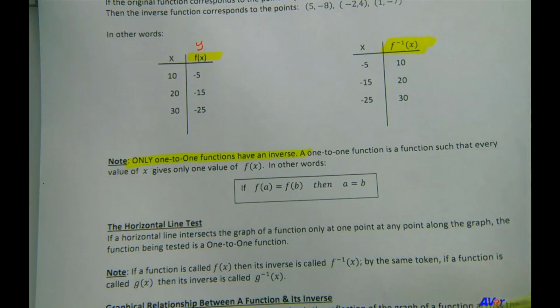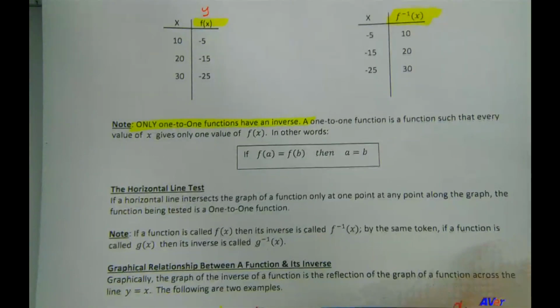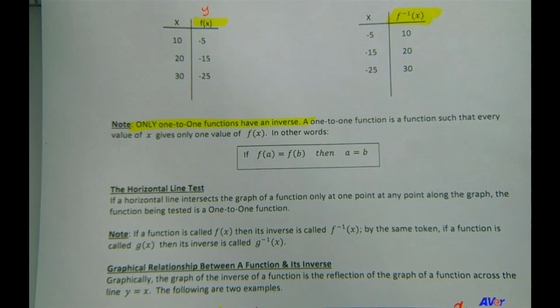I believe it was in this class where we talked about what constitutes a function and what doesn't. And it's very similar to that. One-to-one functions are functions where only one value of x is associated with one value of y.